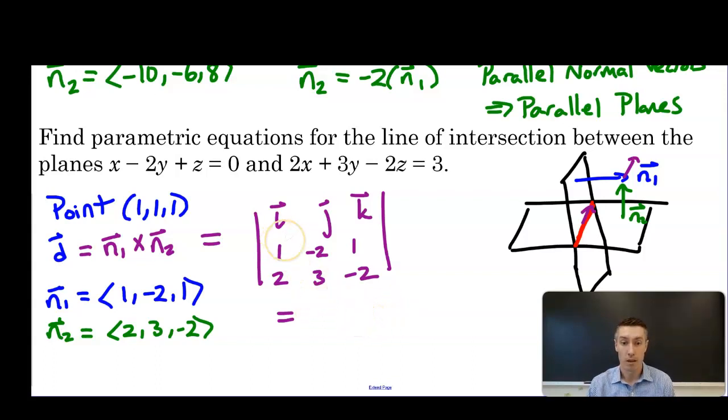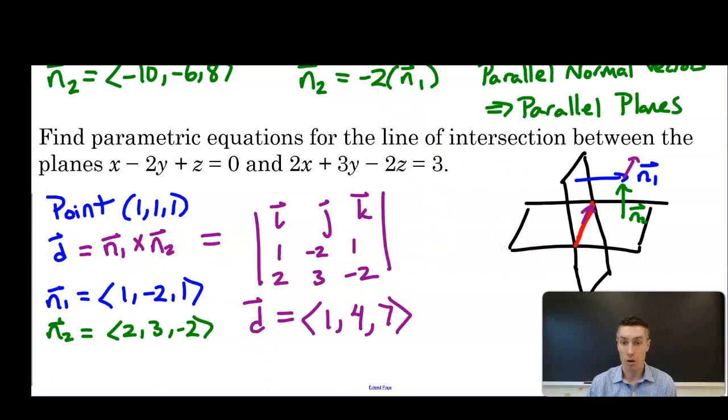Right, so doing out this cross product quickly, 4 minus 3 is 1, negative 2 minus 2 is negative 4, but j is negative, so positive 4, and then 3 plus 4 would be 7. So we have our direction vector now. We have our point.